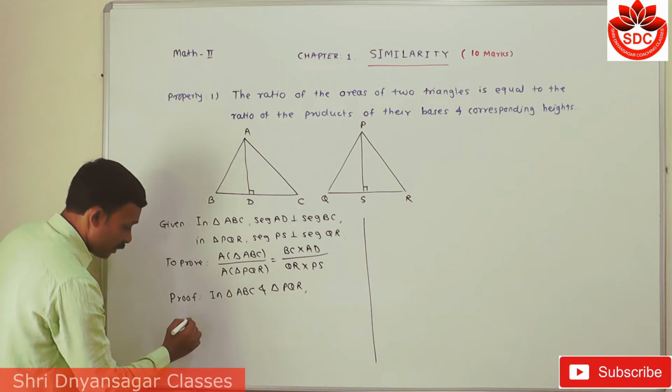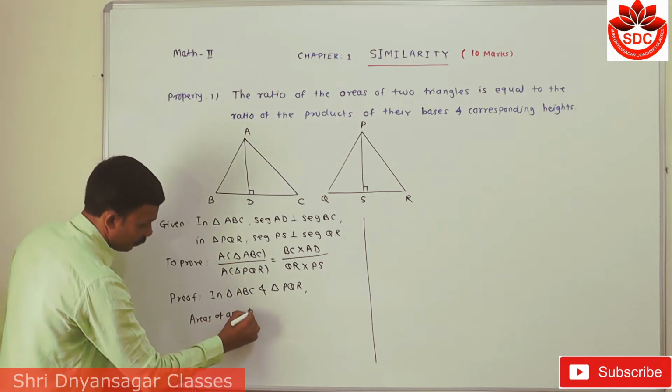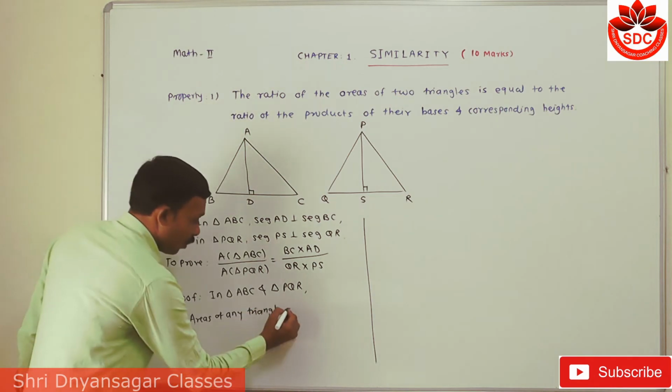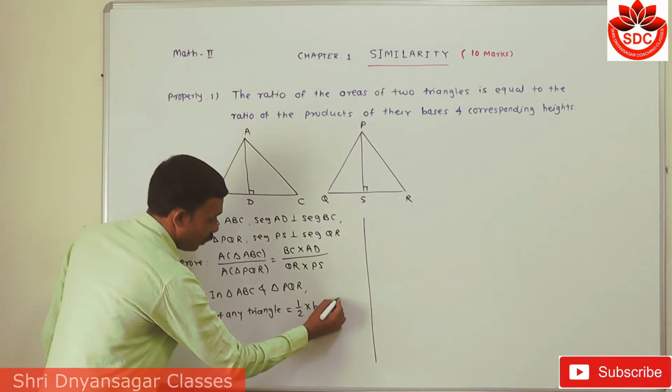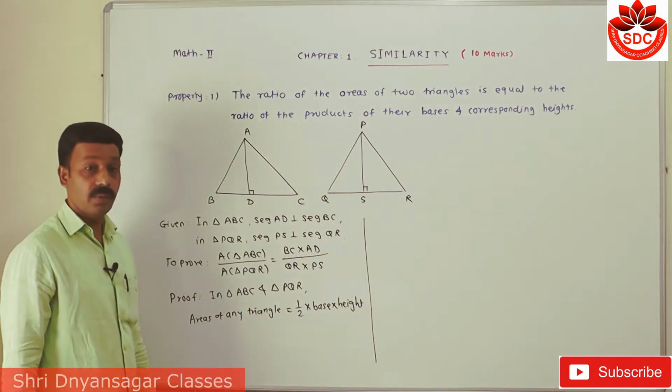We use these triangles. So the first point I have to write here: area of any triangle is equal to half into base into height.